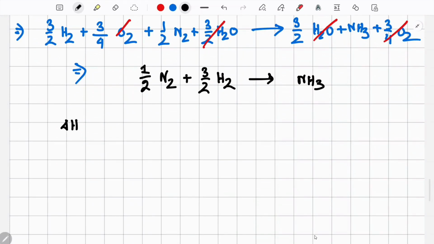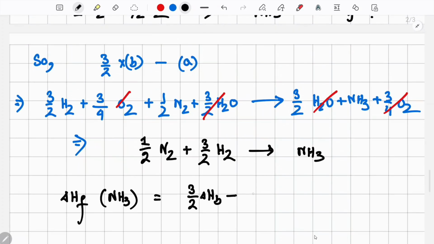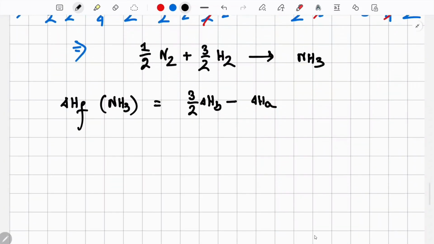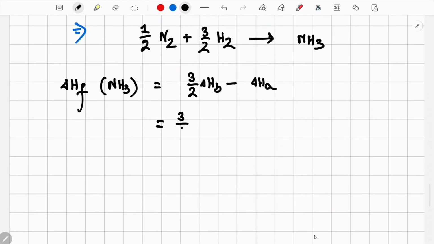So delta H formation for ammonia will be 3 by 2 delta H of B minus delta H of A. So what is the value? 3 by 2 into minus 68.9, minus plus, it will be 99.06 kilocalorie.